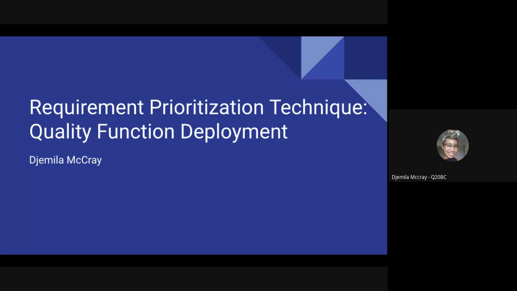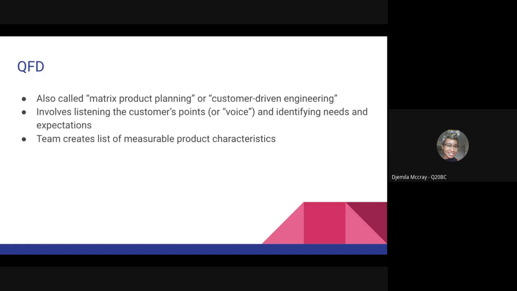And once you have that list generated from the customer, you would create a list of design parameters, which are measurable product characteristics that relate to each one of the customer's points.